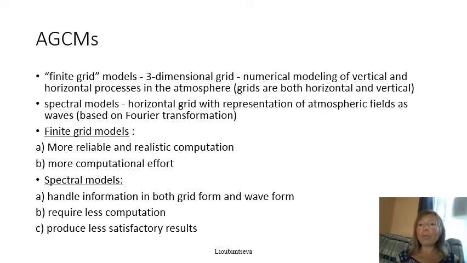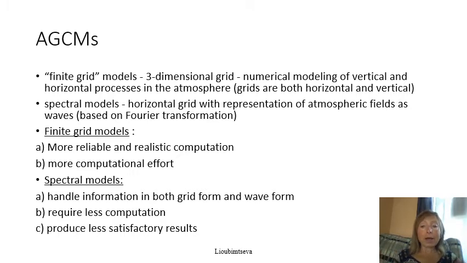This is numerical modeling of vertical and horizontal processes in the atmosphere, where grids can be thought of as cubes, or as those voxels, the equivalent of pixels. Those are finite grid models that can describe, for example, the temperature or the amount of moisture in the atmosphere, the distribution of heat, cloud cover, and so on. Wind can be portrayed in different dimensions.